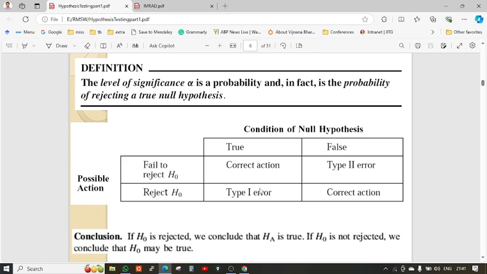If the null hypothesis is true but we reject it, that is a type 1 error. If both are correct, the decision is correct. If any one of them is wrong, then an error will occur.